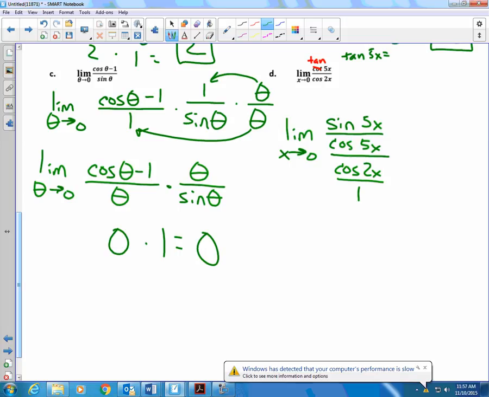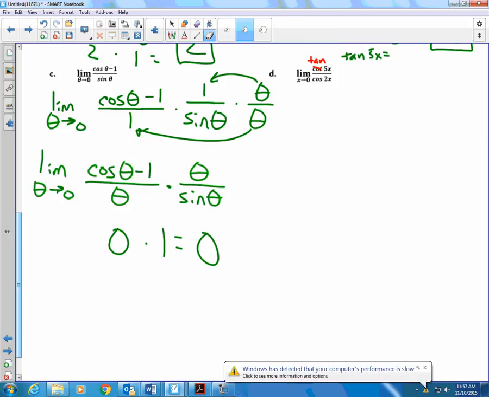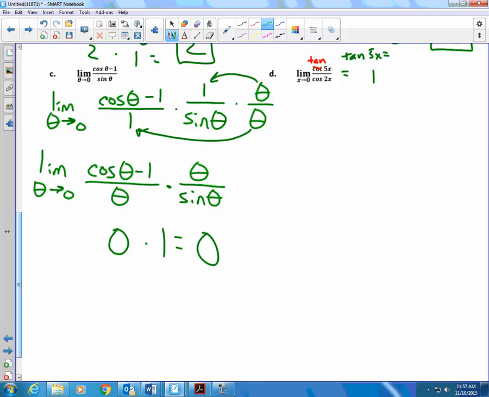Anybody see why? What is 5 times 0? So you get the tangent of 0 over, what's 2 times 0? 0. So you get the tangent of 0 over the cosine of 0.